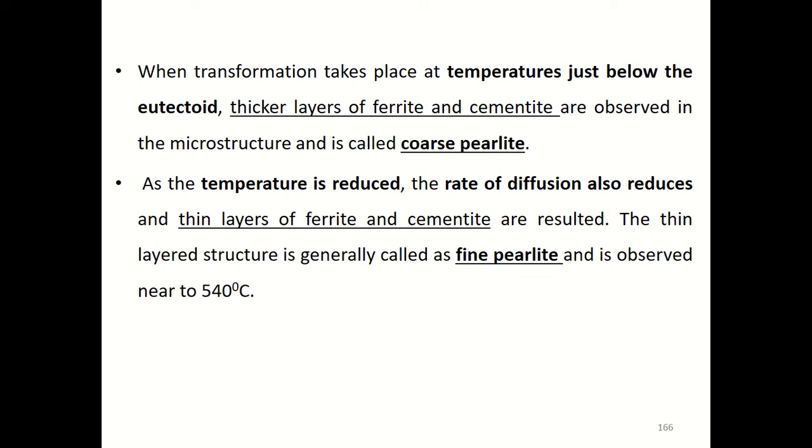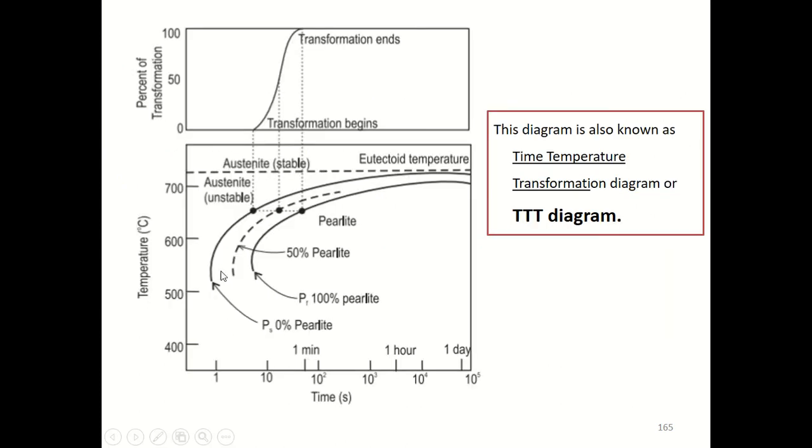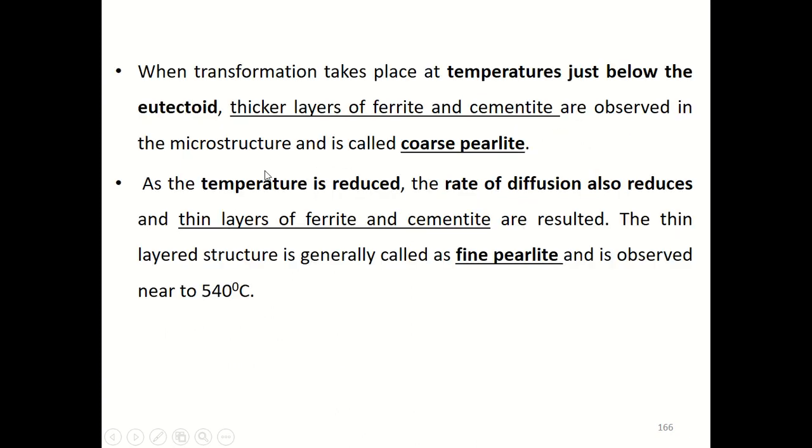If you look at this diagram, coarse pearlite is observed around 650 degrees Celsius, just below the eutectoid temperature, but fine pearlite is observed nearly around 540 degrees Celsius.